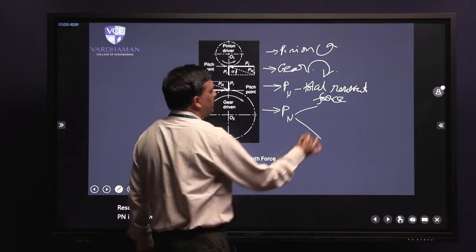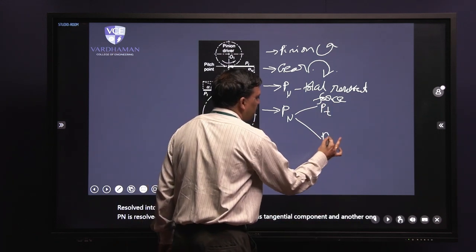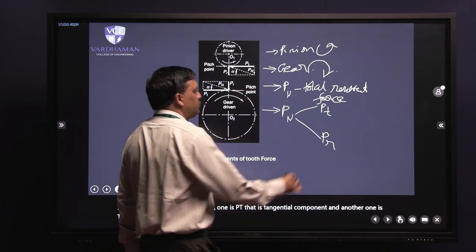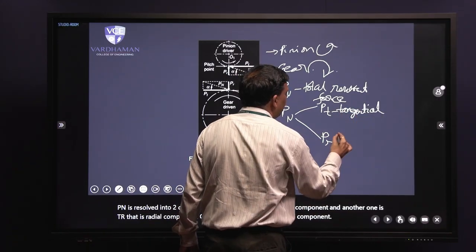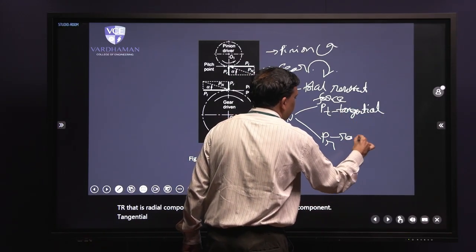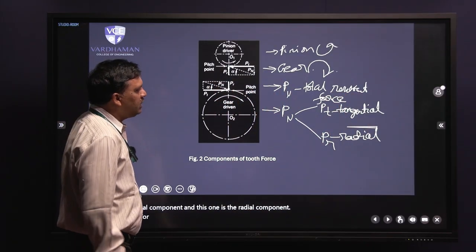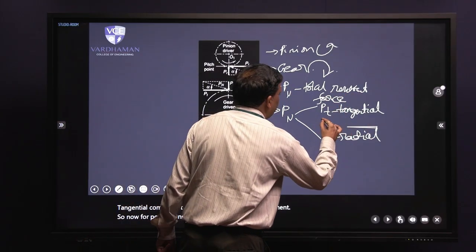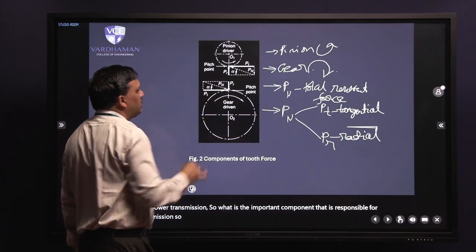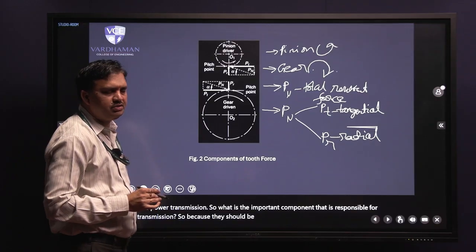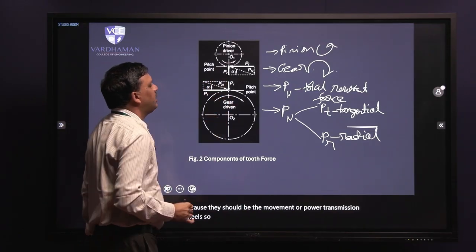One is Pt, the tangential component, and the other is Pr, the radial component of the gear tooth force. Now, for power transmission, what is the important component that is responsible for power transmission? There should be movement or power transmission between these two gear wheels. So how will the movement be established?